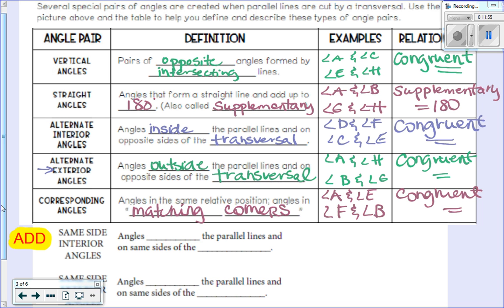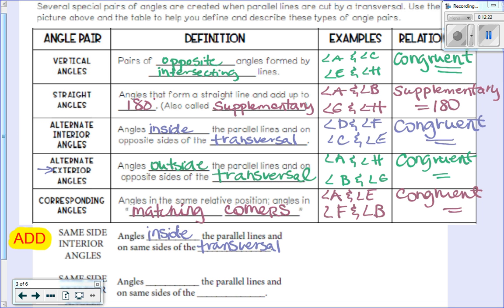Okay, so it says interior, so these angles are inside the parallel lines and on the same side of the transversal.